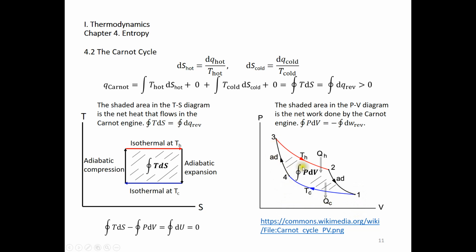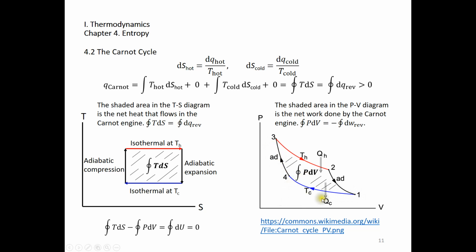After you get this integral from 3 to 2 and 2 to 1, it's actually from this vertical line to this vertical line. You get a very large integral area, and then you need to subtract the integral below, 1 to 4 and 4 to 3.